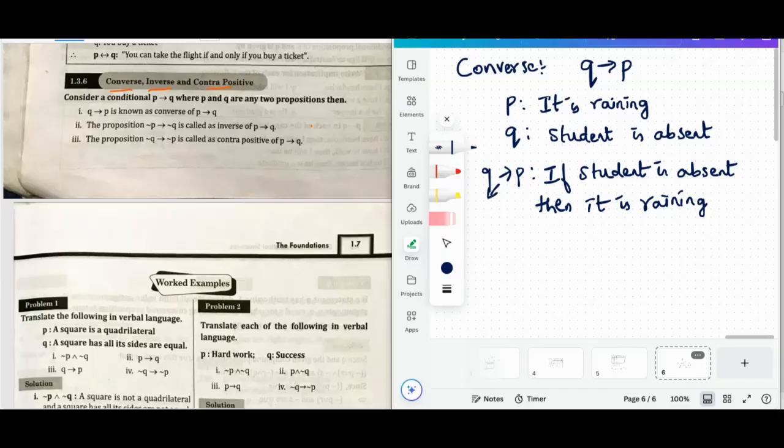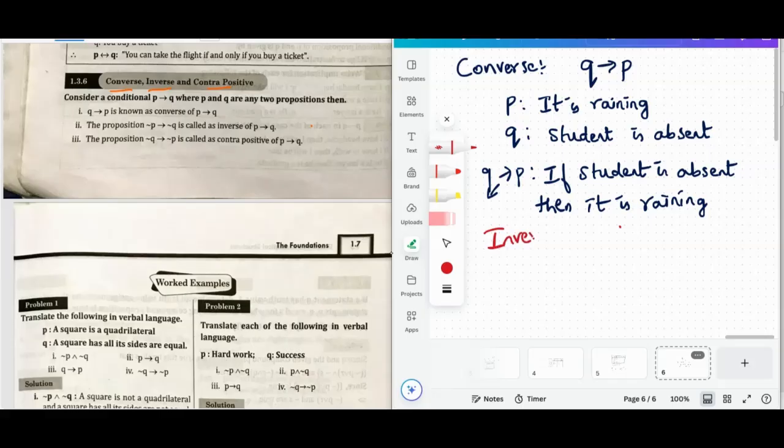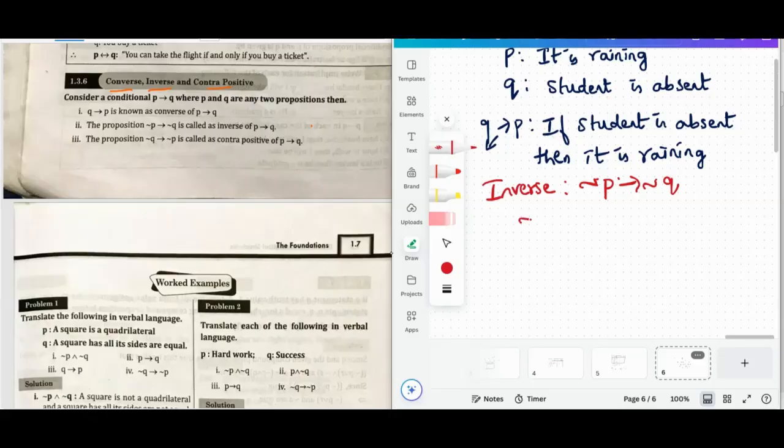Then the next one is inverse. What is meant by inverse? Inverse will be negation P implies negation Q. So we should negate the statement. Negation P: it is not raining. Negation is using not in the statement.